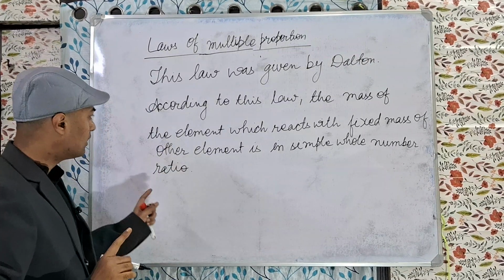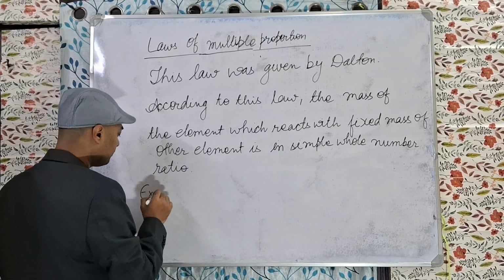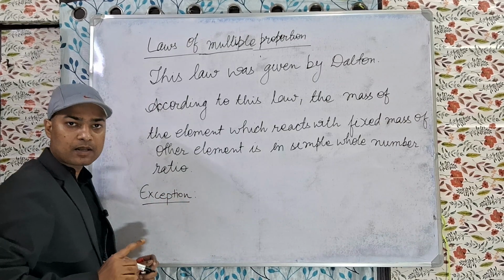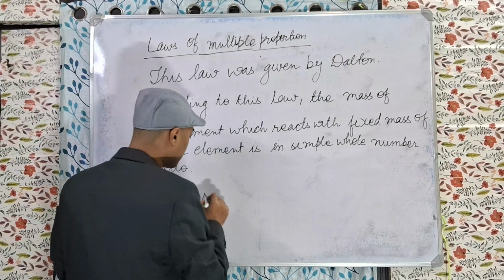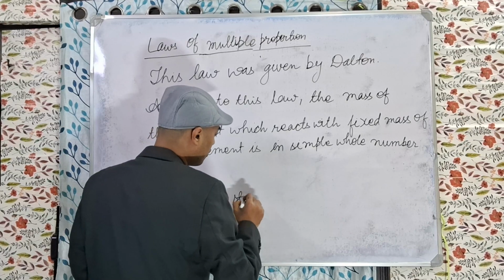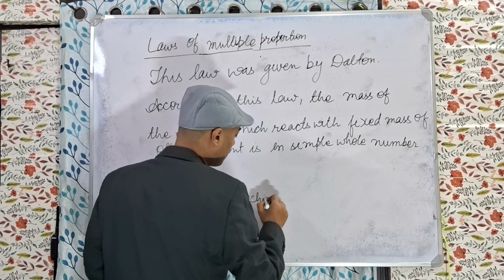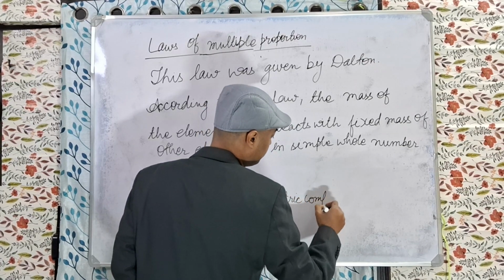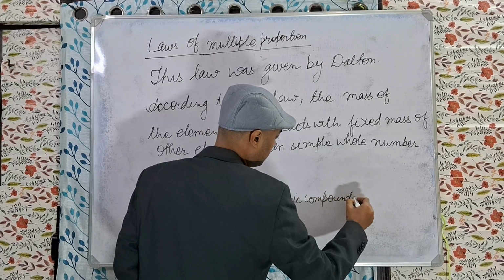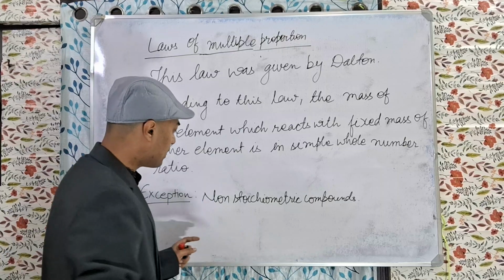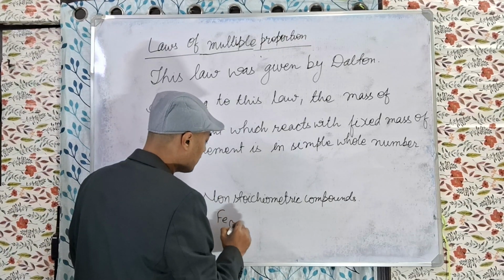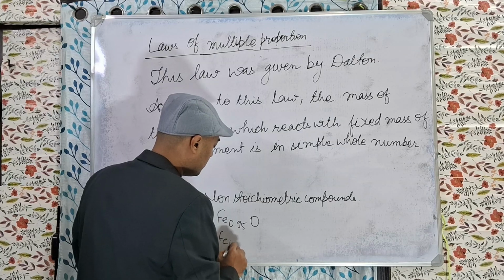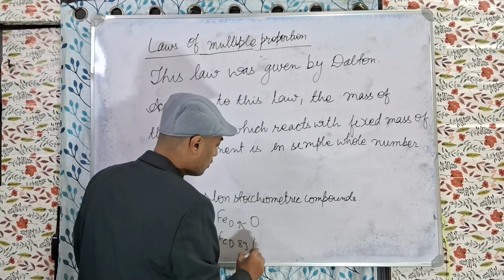Now this also has exception. What is the exception? Its exception are non-stoichiometric compounds. For example, again, Fe0.950 and Fe0.890.